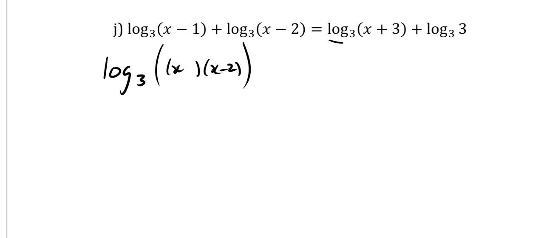So I'm going to bring this log to the other side and subtract it: log base 3 of x plus 3. And that's going to be equal to log base 3 of 3. I'm going to say that equals 1 right now, because why not?